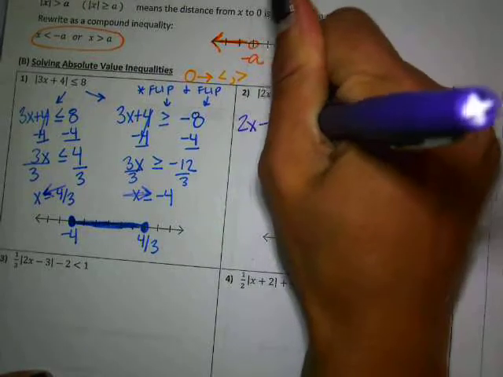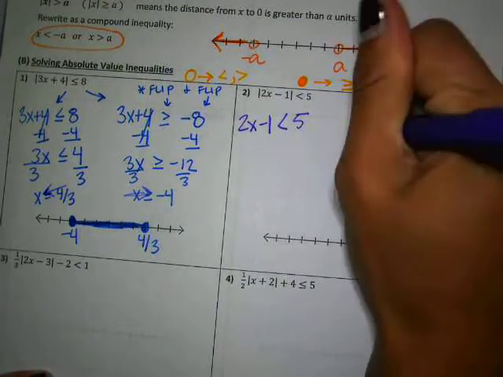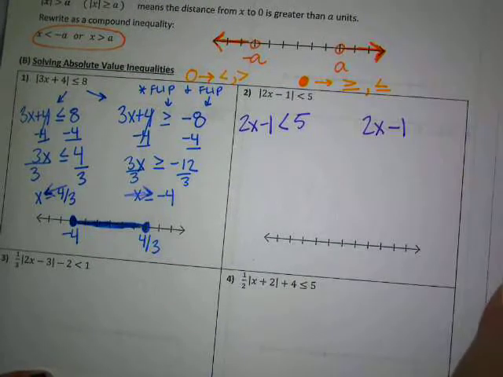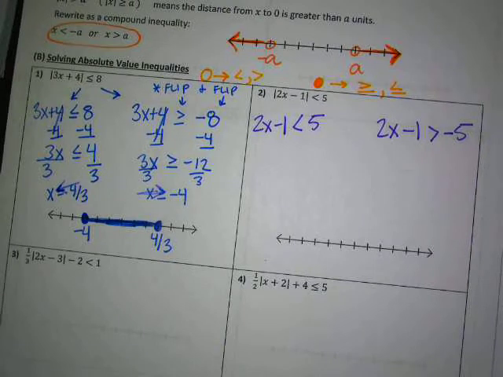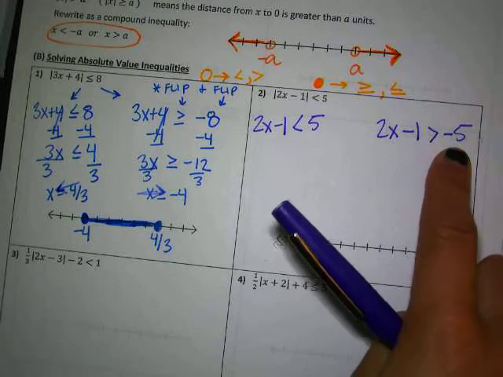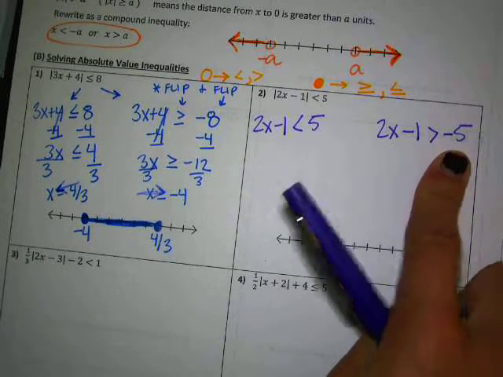And then what's the other one going to be? 2x minus 1 is greater than negative 5. Very good. So, first one, write it the exact same without the bars. The second one, you're going to flip your sign and change it. Whatever it is, you change that sign as well. If it's positive, turn it negative. If it's negative, turn it positive.